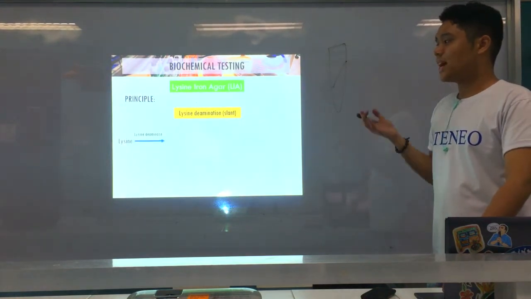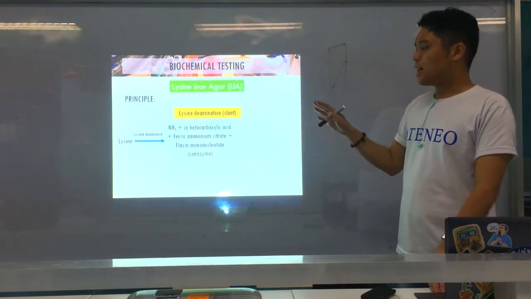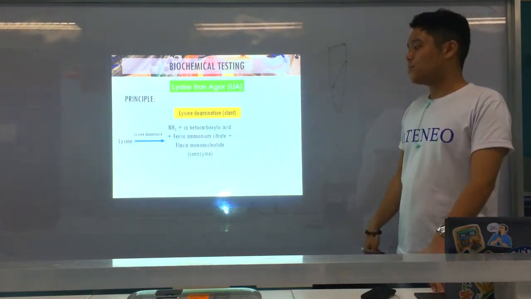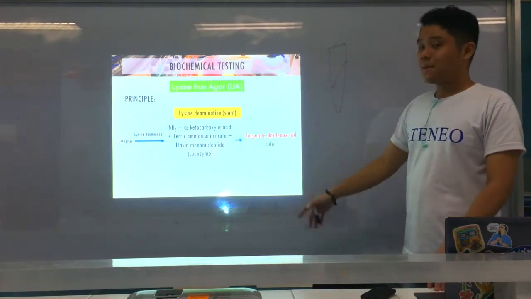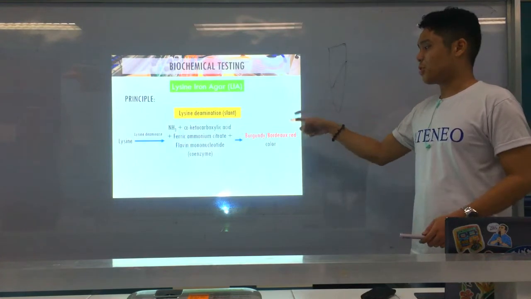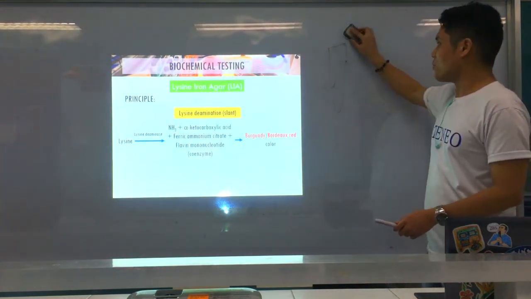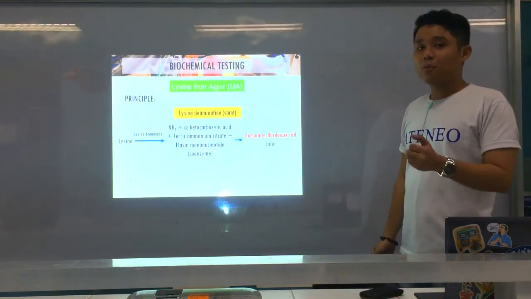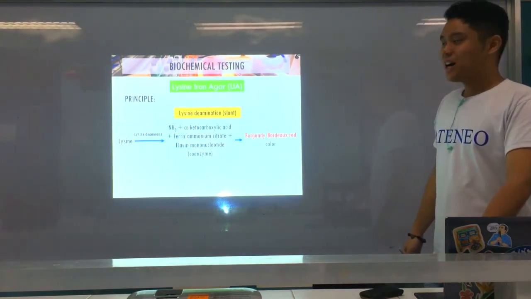Lysine, in the presence of lysine deaminase, produces ammonia plus alpha-ketocarboxylic acid, which with ferric ammonium citrate and flavin mononucleotide, a coenzyme, releases a burgundy or Bordeaux red color. Therefore, a positive deamination is red.